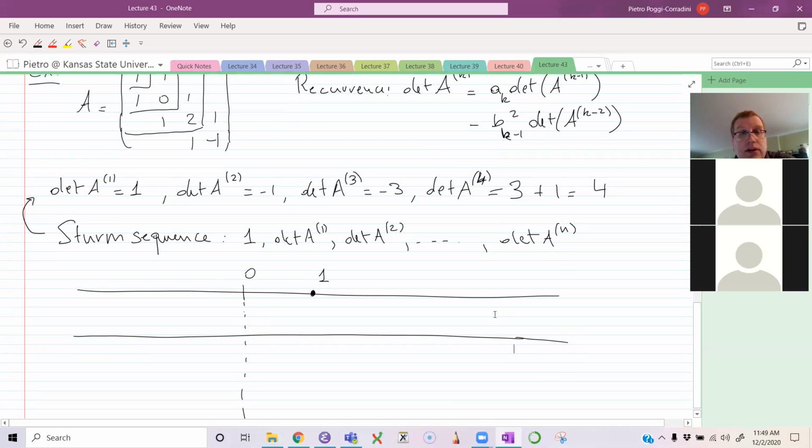And the next, A2 is negative, right? -1. So remember, the determinant is the product of the eigenvalues. So if it's negative and there are 2 eigenvalues, well, one has to be negative, the other has to be positive. So that means that one is over here, and the other one is not just positive, but over there because of the interlacing. Right? So this is A1, this is A2. That makes sense?